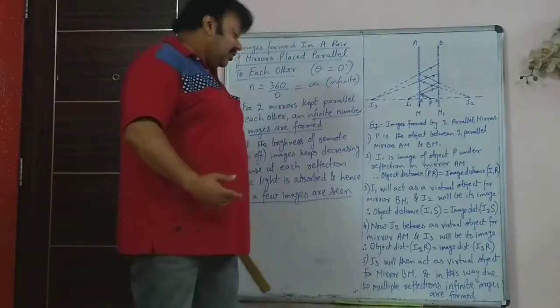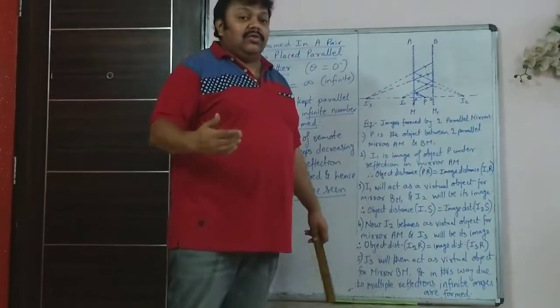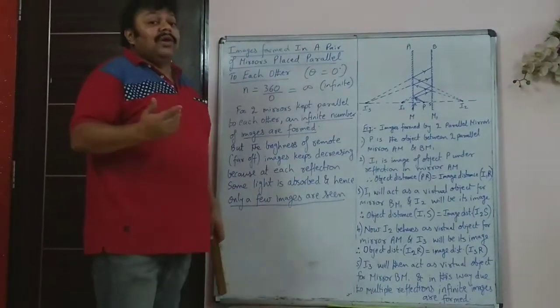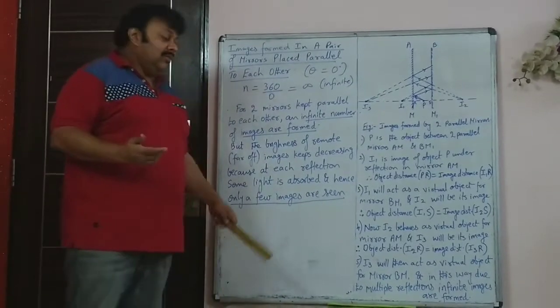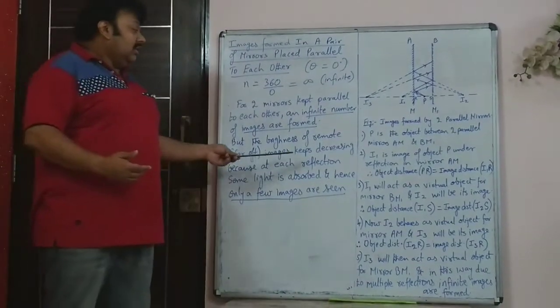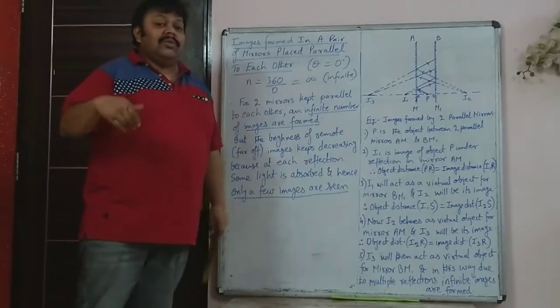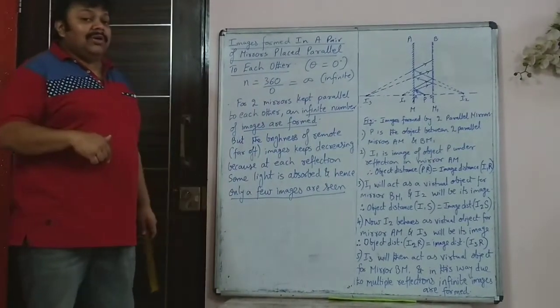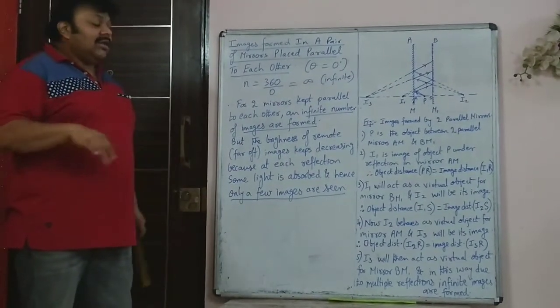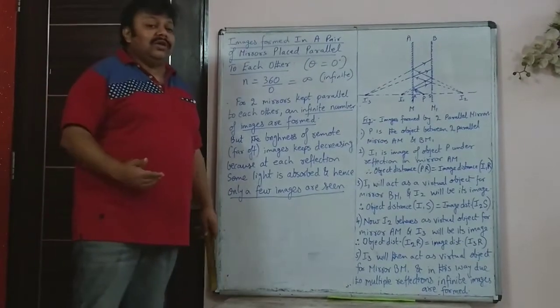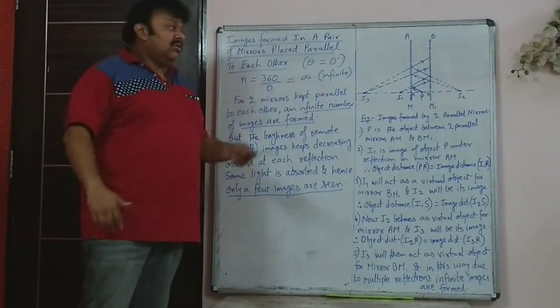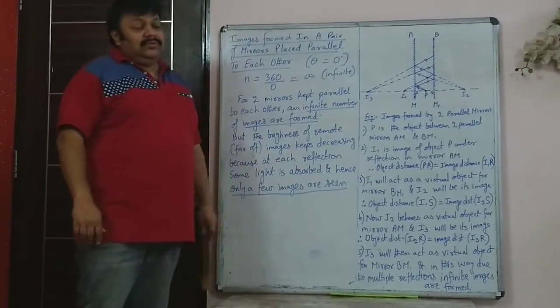Basically what we are trying to say is that this process continues and hence an infinite number of images will be formed. But as already told, since at each reflection some amount of incident light is absorbed by the mirror, that is why the images formed after a few reflections, that is remote images, will not be seen.